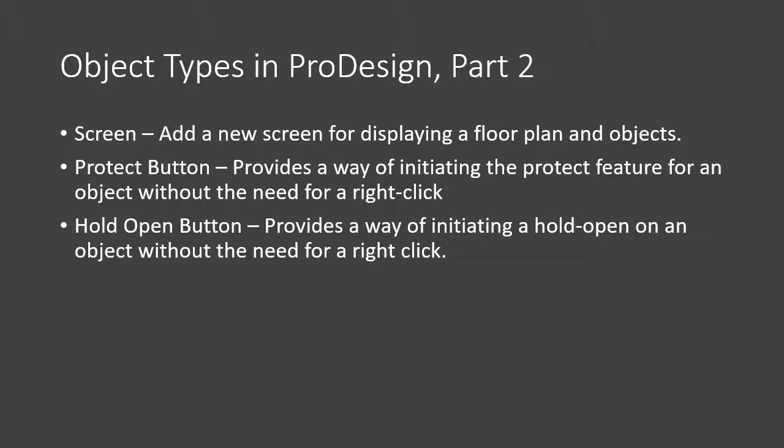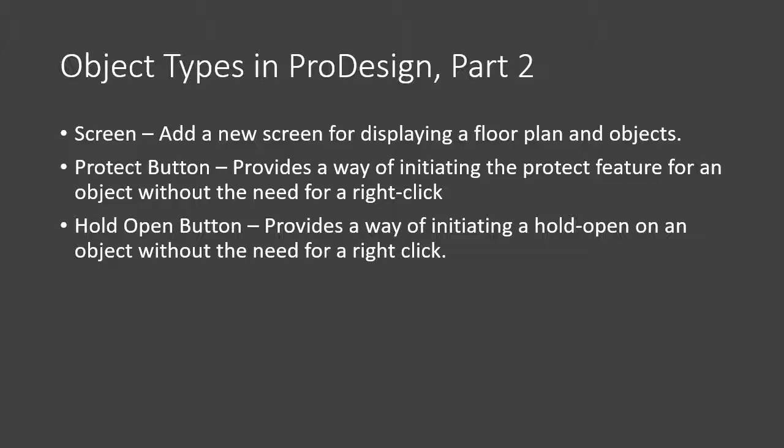The screen menu provides the ability to add a new screen for displaying the floor plan and objects within that screen. The protect button is a macro effectively for adding a protect feature button to the screen, and then the hold open button does the same thing for the hold open option.